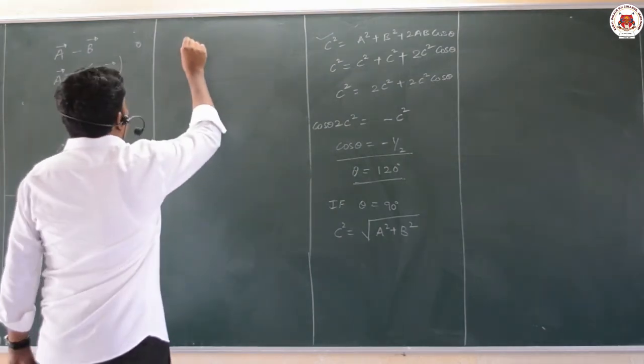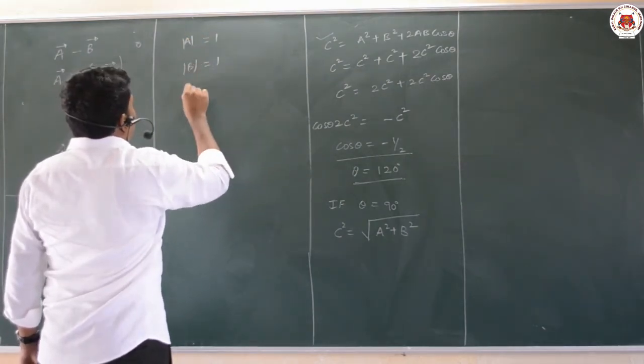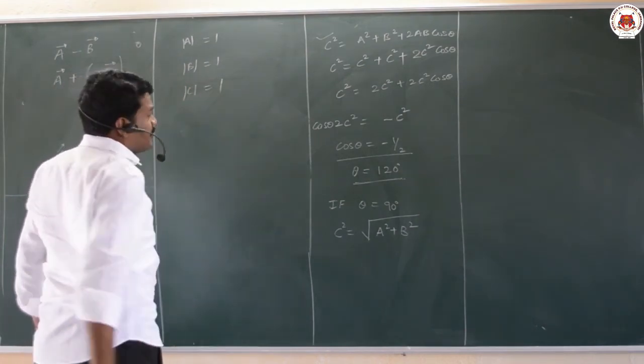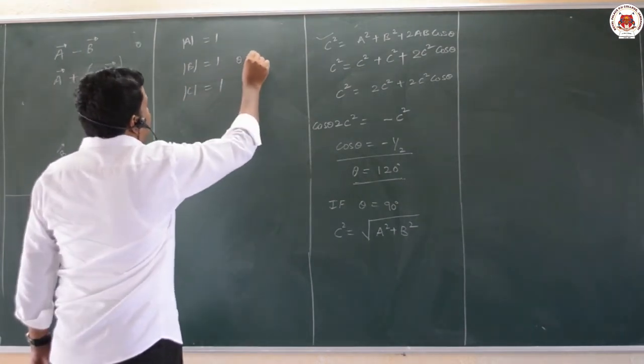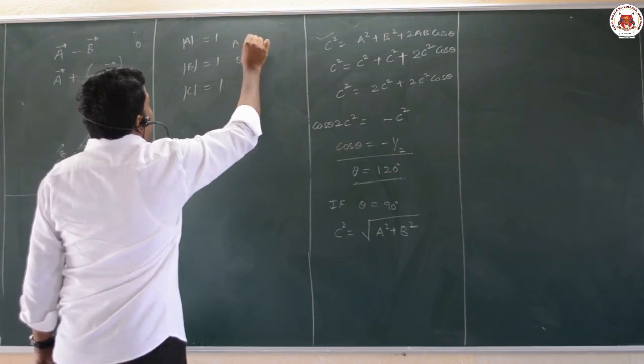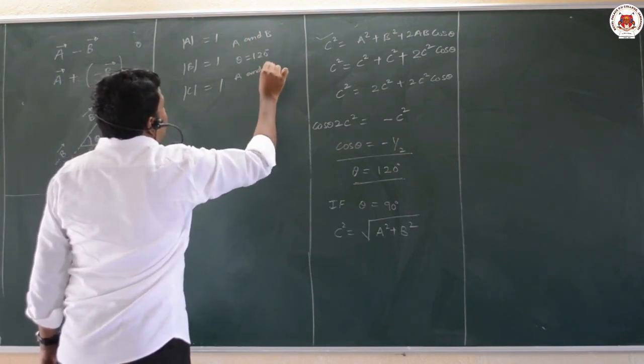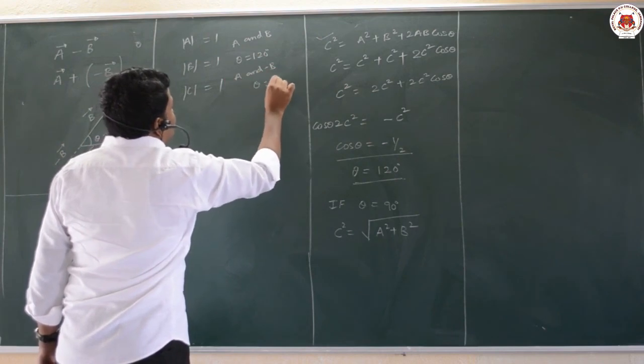Magnitude of A is 1, magnitude of B is 1, magnitude of C is also 1, and theta you got is 120 degrees. This theta is the angle between A and B, but the angle between A and minus B is 60 degrees.